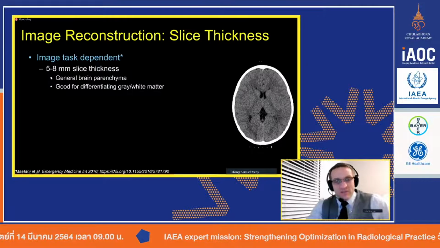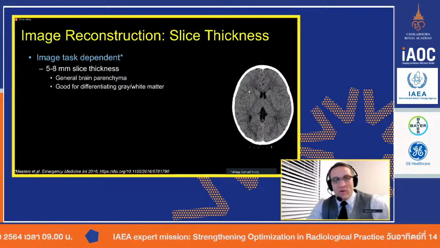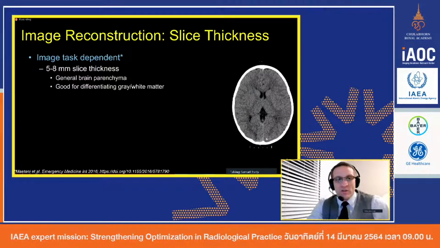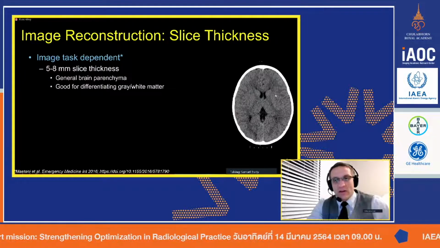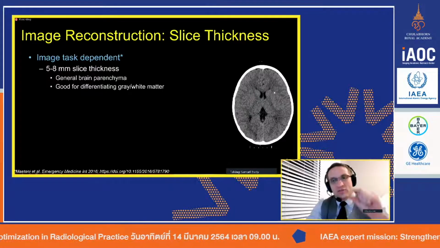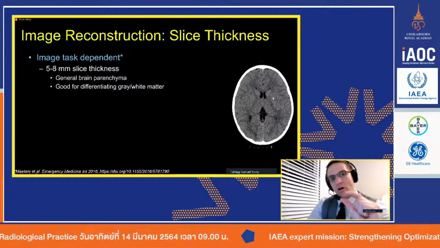So generally speaking, somewhere in the 5 to 8, now what we're trying to do is we're looking at the brain, we're trying to visualize the brain parenchyma, we're really trying to differentiate the gray-white matter. And in this case, having a little bit thicker image uses that partial voluming to our benefit.